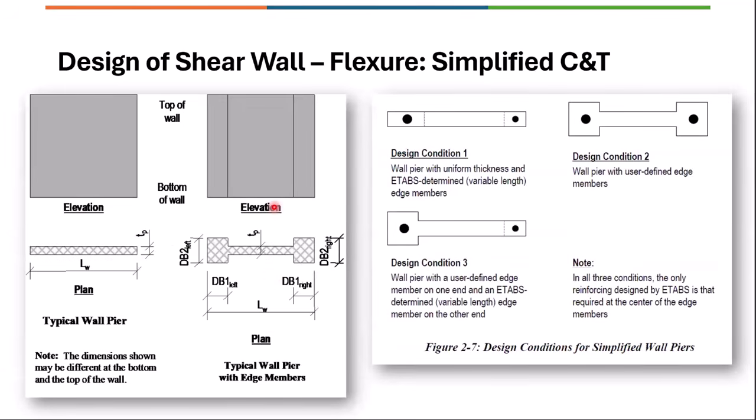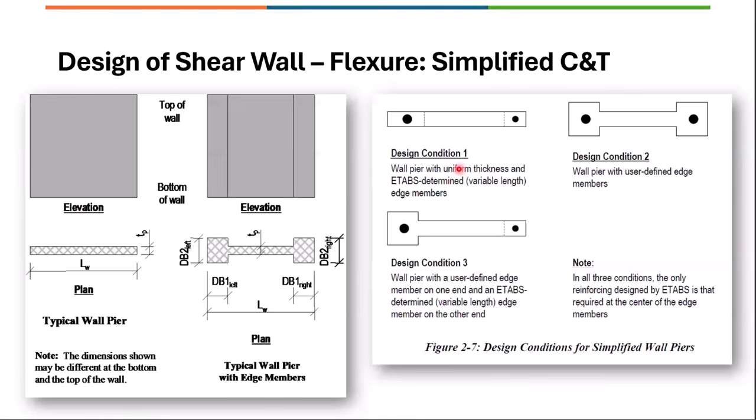Let us start with the simplified C&T method. Basically, we are dealing with this rectangular section. It can also be a dumbbell section like this with different dimensions for the ends, so that those are designed, and then the web portion or the internal portion of this wall shall be provided with minimum rebars.